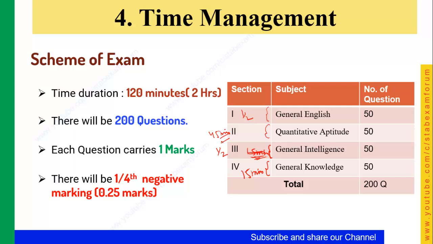And don't take it personally, thinking that I know this question, I should solve this question. If you do like that, it can eat a lot of time. So don't go with that. So that is the time management. You have to be very judicious among these 3 sections at least, based on your strength and weakness.